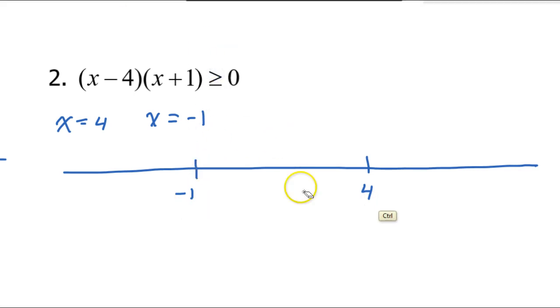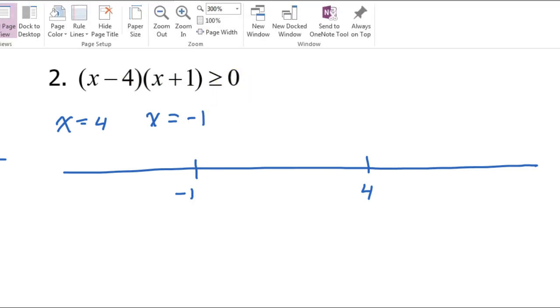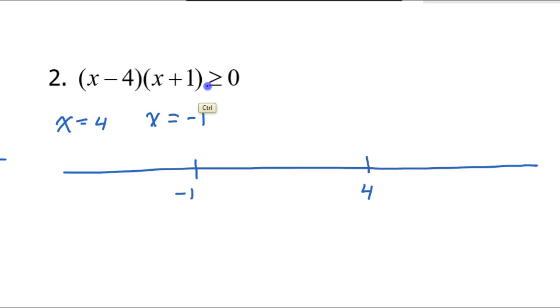Okay, these critical values represent where the function is equal to 0. Since I want the values where the function is greater than or equal to 0, these values should be included in the solution set. So I'll make them closed circles.